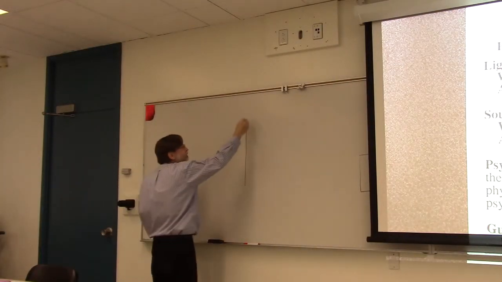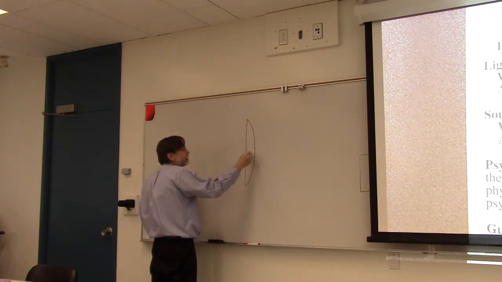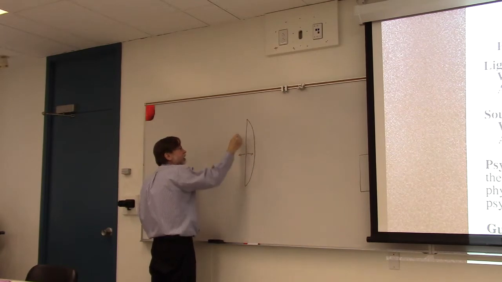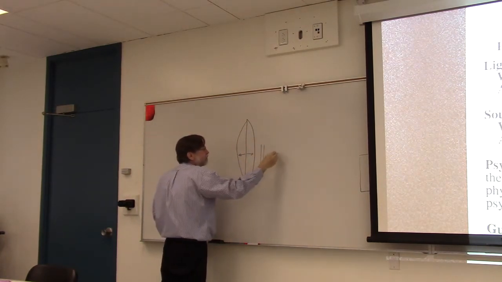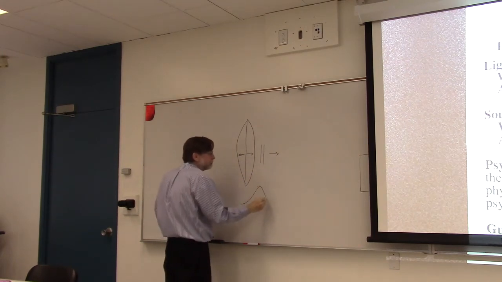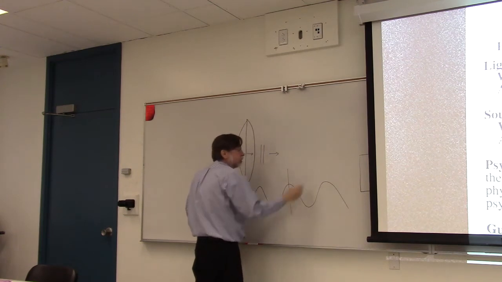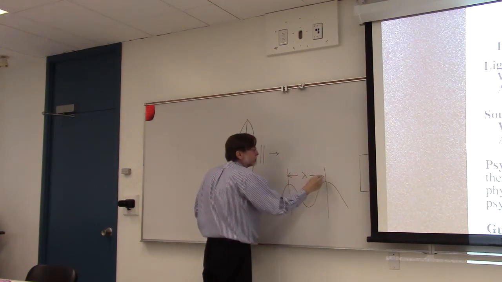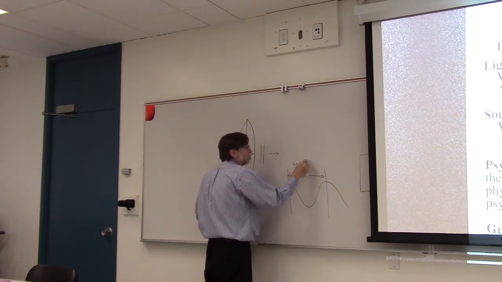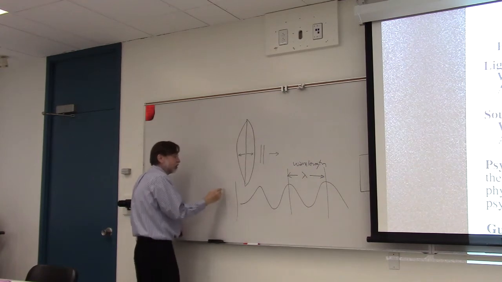And the guitar string can vibrate. So we pluck the string and it goes this way and then back this way, and it compresses and rarefies the air, and it sends a waveform through the air. This is called the wavelength. And the height of this is called the amplitude.